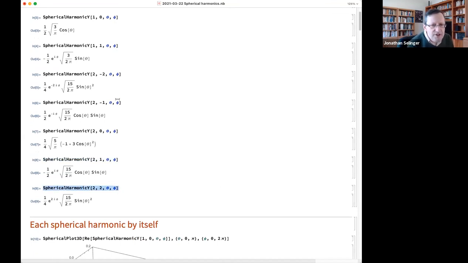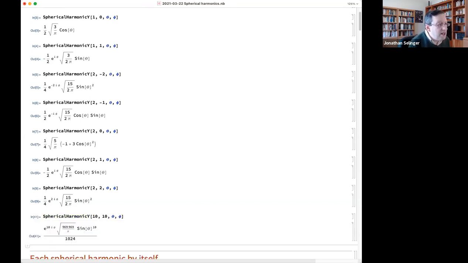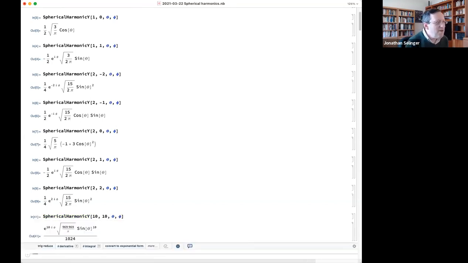Okay, and it keeps going up from there, right? So I could say SphericalHarmonicY of 10, 10 of theta and phi. And so, okay, there's a more complicated function, right? So this is the Y_10,10 function.